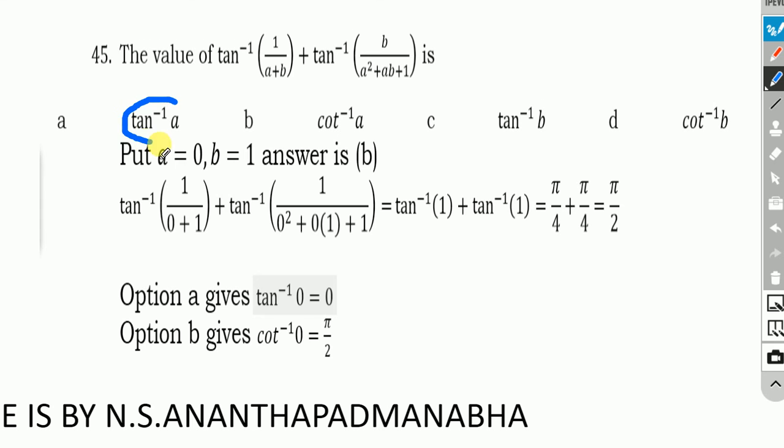When a is equal to 0, cot inverse of 0 is pi by 2. So option B gives pi by 2 when you put a equal to 0. Therefore the answer is B for this question.